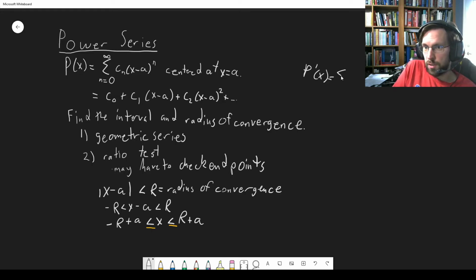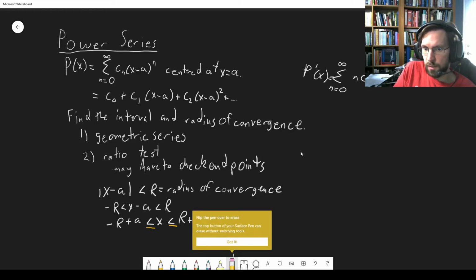So this would be the sum n equals 0 to infinity of n times c sub n x minus a to the n minus 1. And seeing that at n equals 0, this term goes away, we can change this ever so slightly.